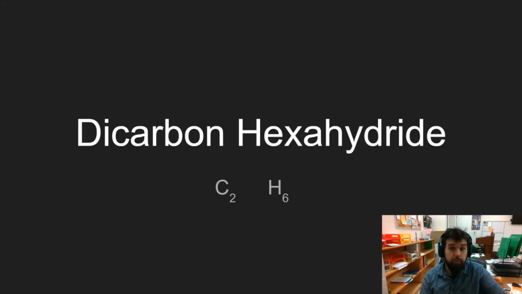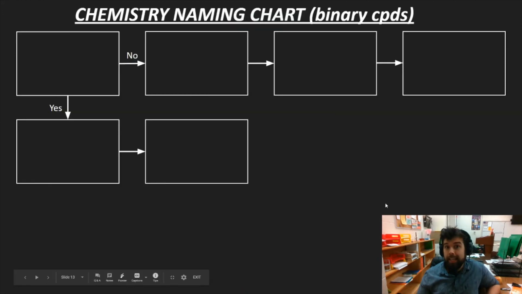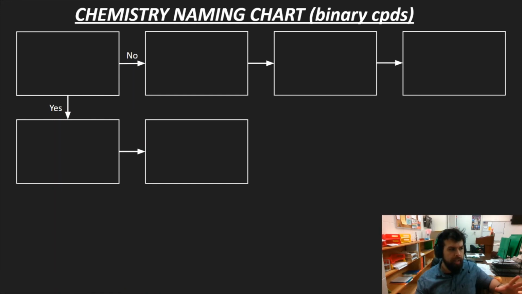It's pretty straightforward. So what I'd like you to do now, in lieu of an actual Google form, is just draw out the flowchart yourself. Rewind the video to where the flowchart is and copy it down so that you have one on paper. Likewise, go back and sketch out the periodic table and write the charges at the top, like I told you to do in the middle of this video.